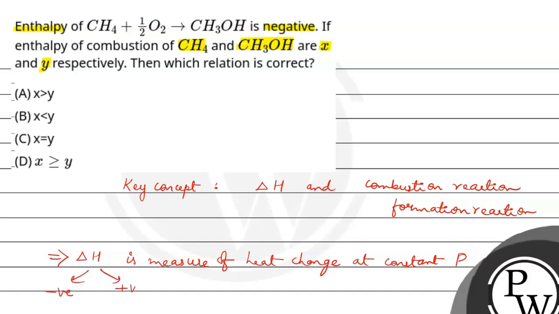It can be negative or it can be positive. When will it be negative? When delta H is less than 0, and when will it be positive? When delta H is greater than 0. So when delta H is less than 0, it is exothermic, and when delta H is greater than 0, it is endothermic.